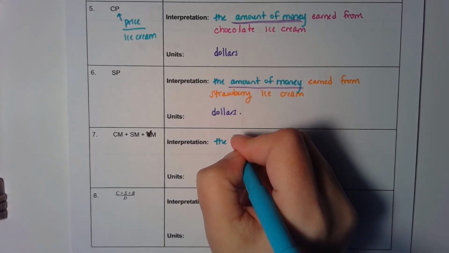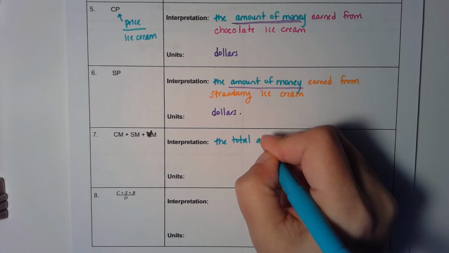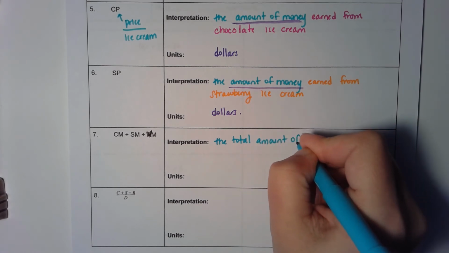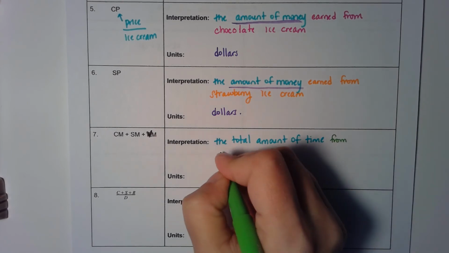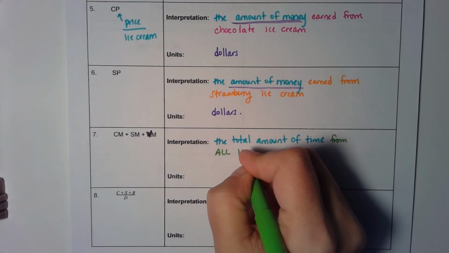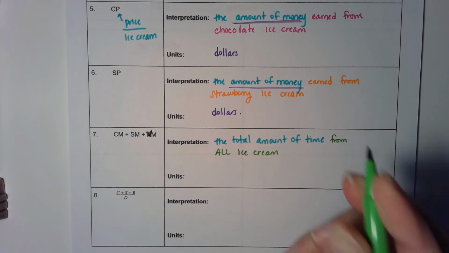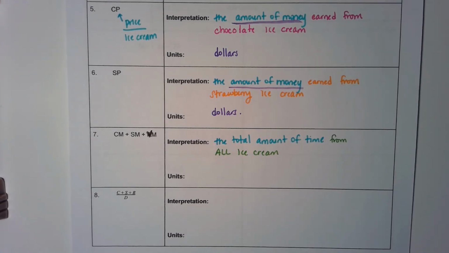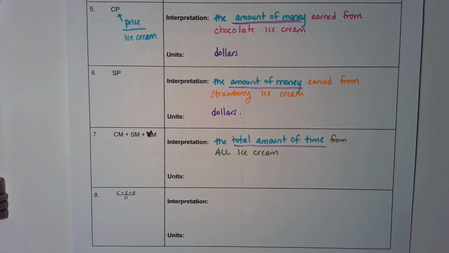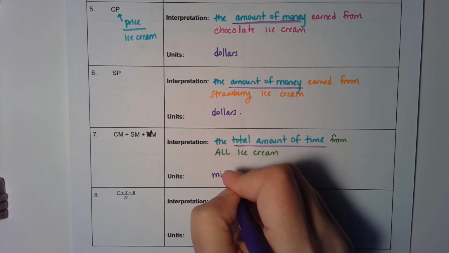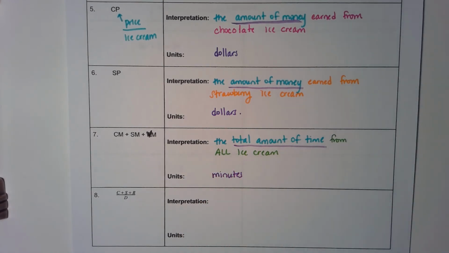So here we would say the total amount of time from all of the ice cream all put together, because we're adding up all the ice cream here. As far as our units go, if we're finding the total amount of time, our units here would just be minutes, because we're finding the time that it takes.